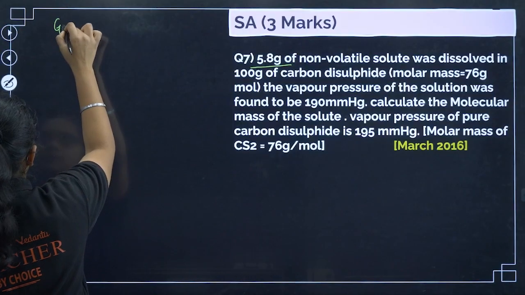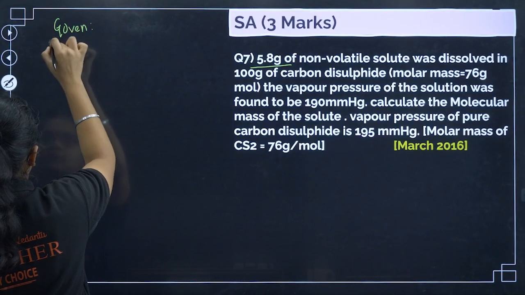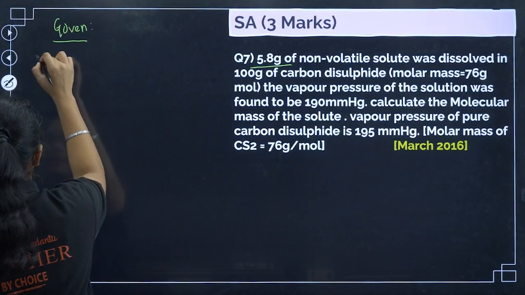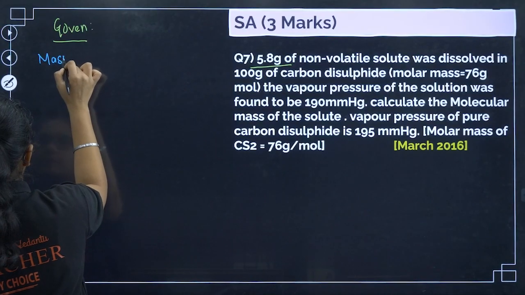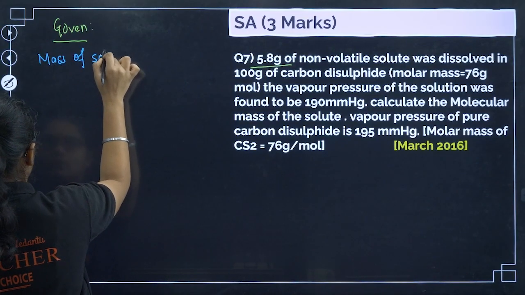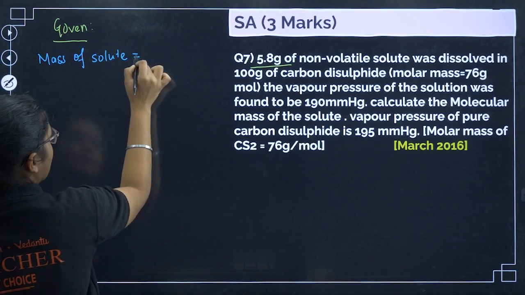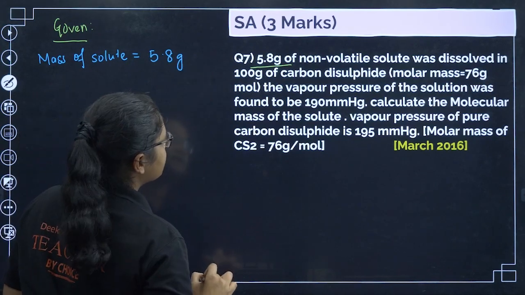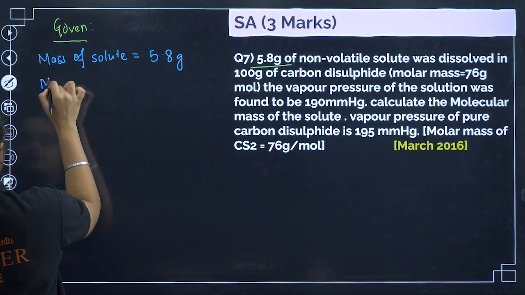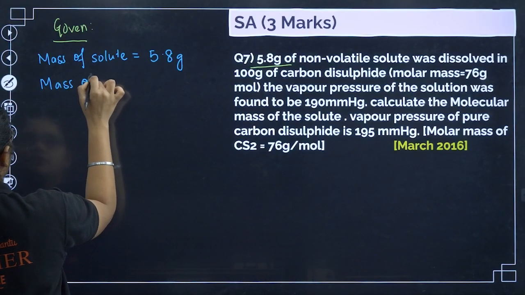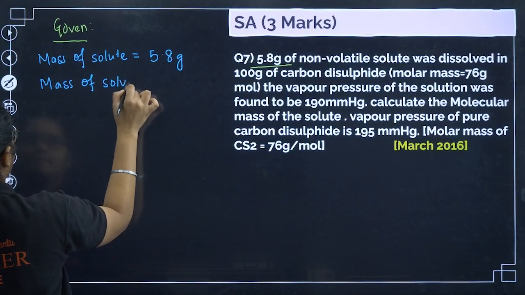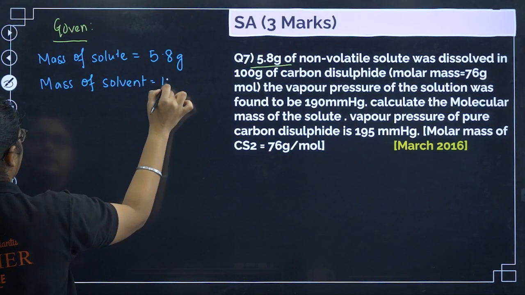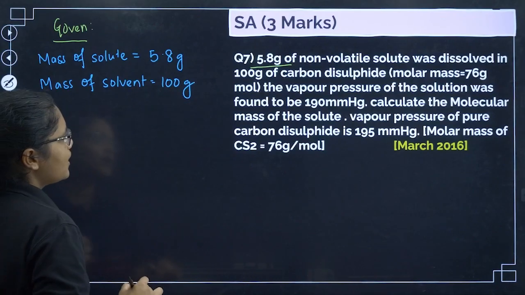Given, if I just note down the given values: mass of solute is 5.8 grams, dissolved in 100 gram of carbon disulfide. So mass of solvent is 100 grams, right?